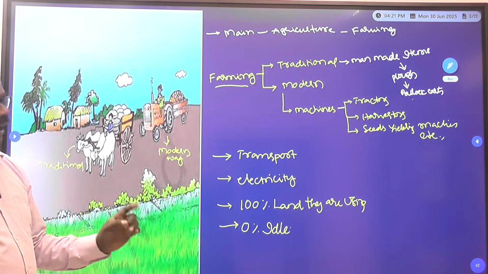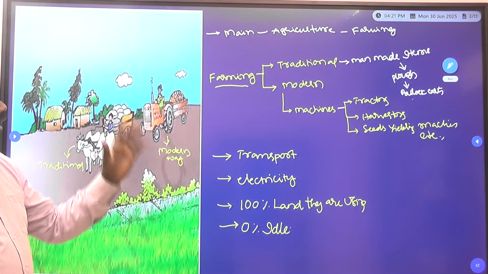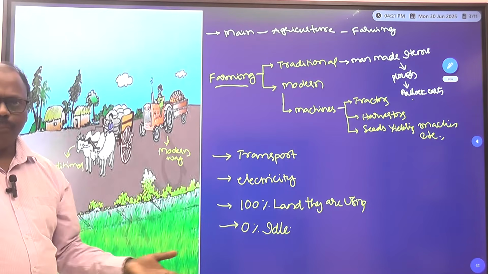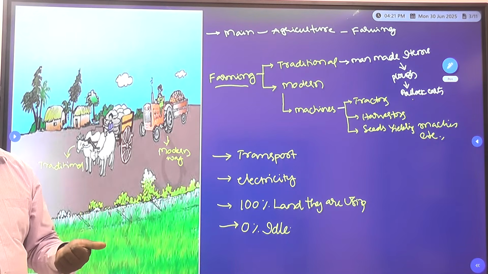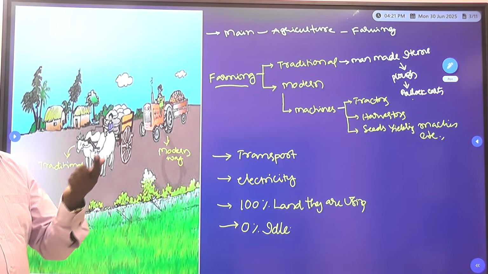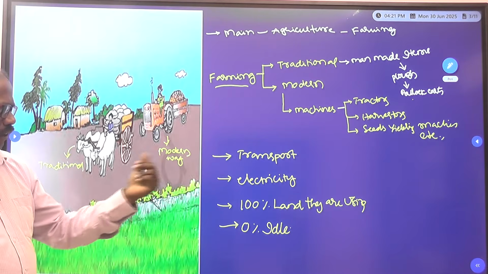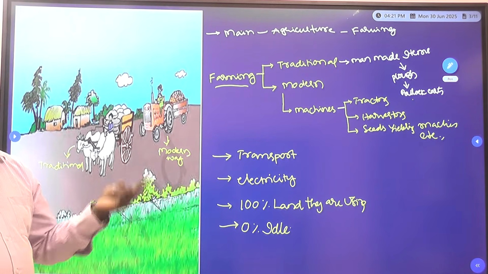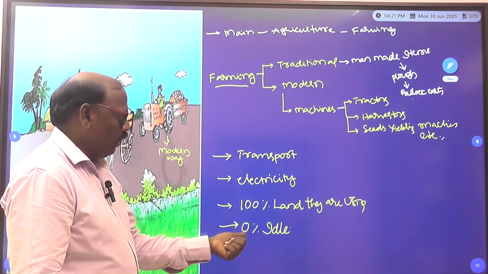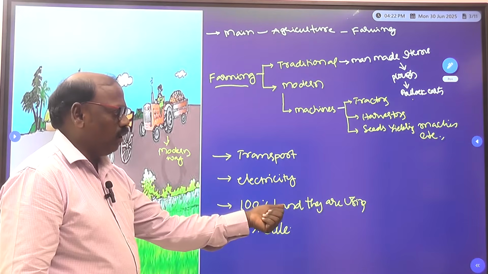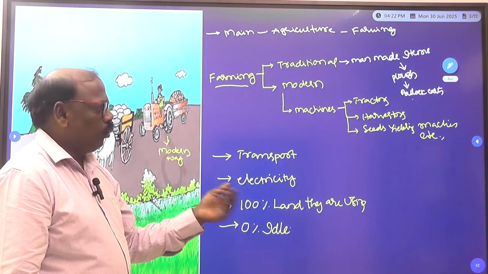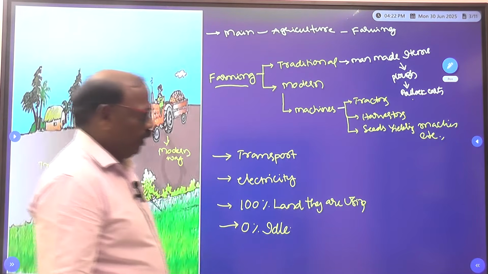That means each and every person in Palampur is involved in some sort of activity, whether farming, non-farming activities, or transport related activities. So no one is idle, they use 100% of the land, and the people are very busy with their work in that village.